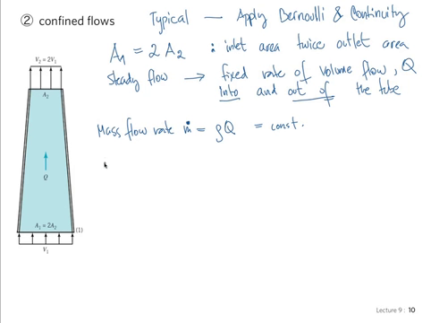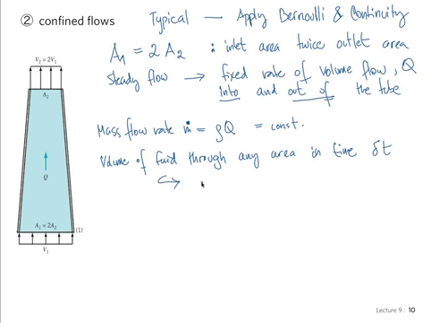The volume of fluid through any area in a time delta t is going to be the velocity times the area times delta t, because if a fluid moves this distance in a unit of time, this distance will be velocity times delta t.